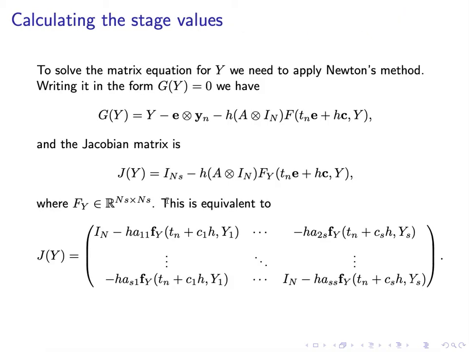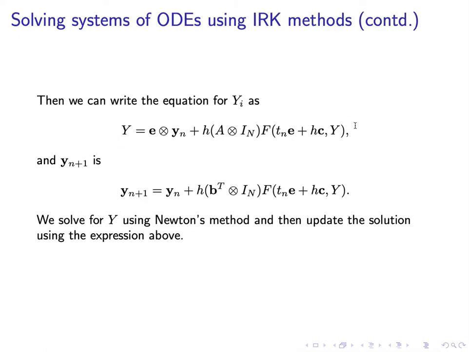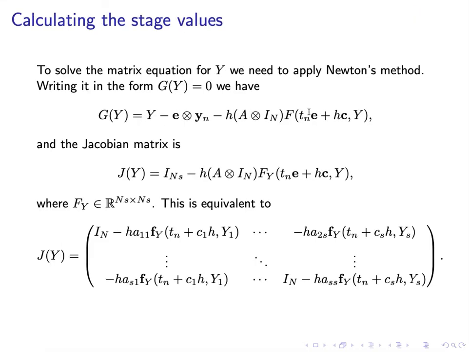So to calculate stage values, we need to apply Newton's method, which we looked at a few slides ago. So we need that function g, which is the function we're trying to find the root of. Going back to our stage value calculation, if I subtract big Y from both sides here, we have our function g of Y. So we want to find for what values of big Y is g of Y equals 0.